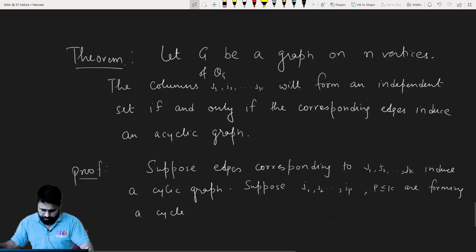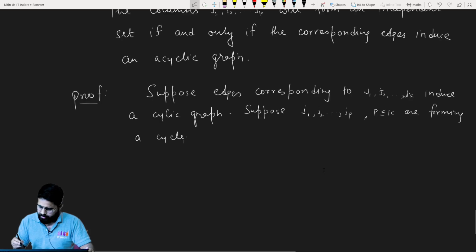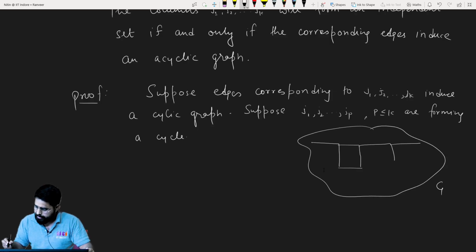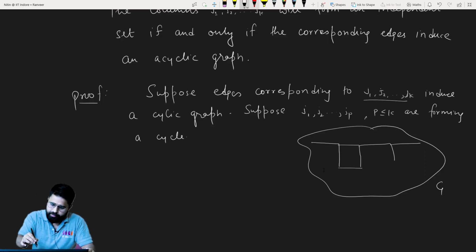So the picture will look like this. Suppose this is a big graph G, and inside it is a graph induced by the edges corresponding to these columns. In this subgraph, suppose this is a cycle. Let me use a different color and number the edges J1, J2, up to Jp.